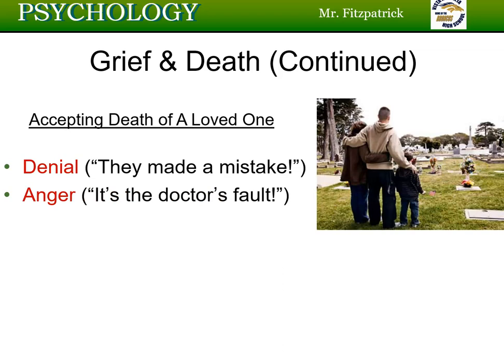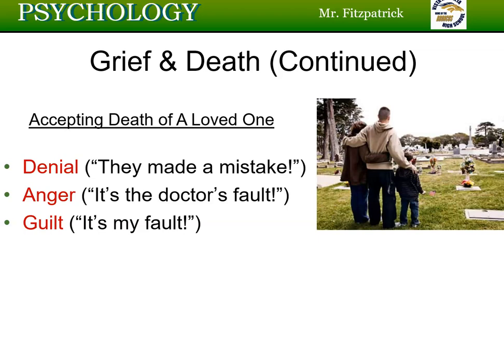Next is anger, to blame someone. The doctor could have done this, or this other person should have done this, and they're trying to find fault on why this happened. The next stage is guilt. Oh, if I would have not let them leave the house that day, or if I would have spent a little more time with them, or maybe I should have kissed them goodbye.